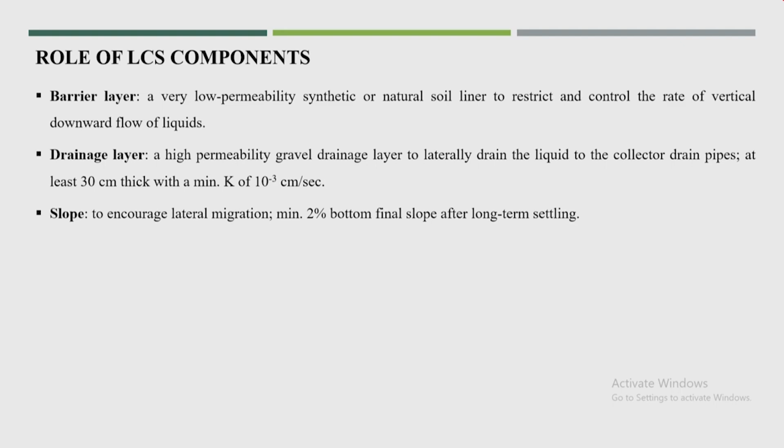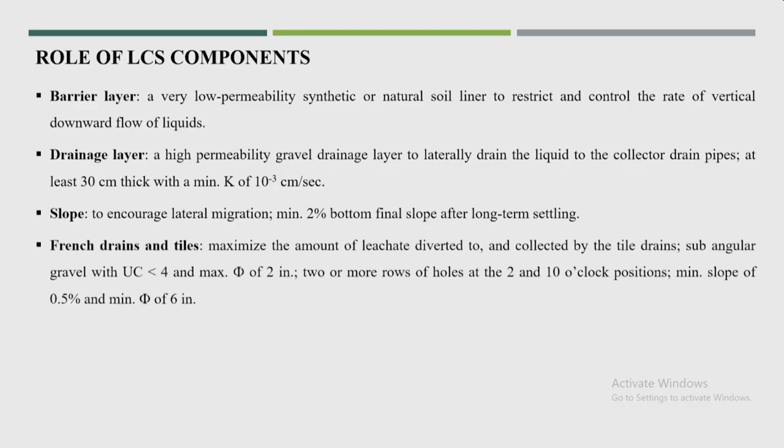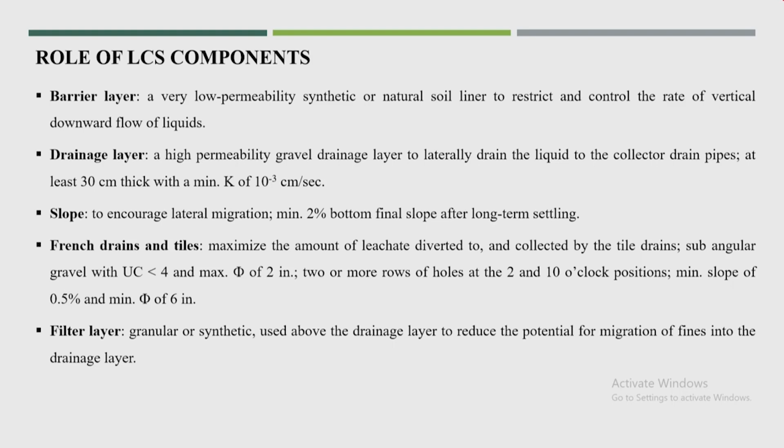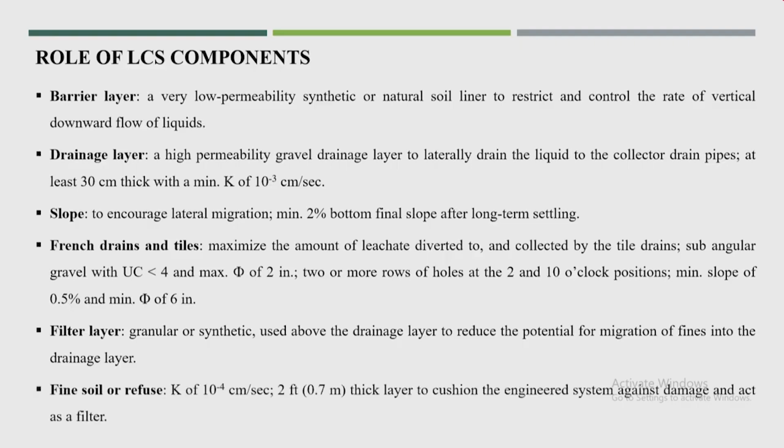Slope: the pipe slope to encourage lateral migration, with a minimum 2% bottom slope after long term settling. French drain and tiles are also important. And filter layer: granular or synthetic, used above the drainage layer to reduce the potential for migration of fines into the drainage layer. Final soil or refuse: the permeability should be less than 10 to the power minus 4 centimeter per second.